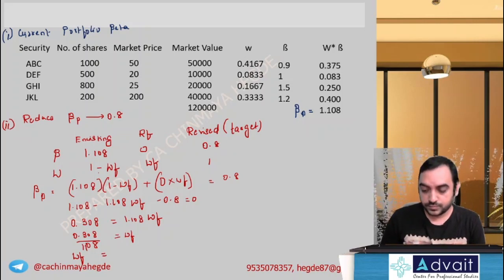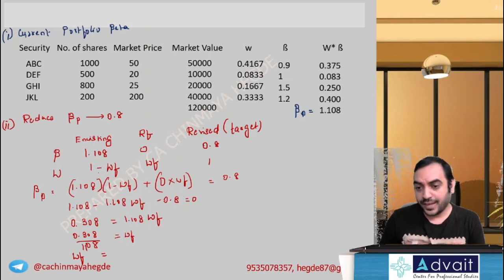0.308 divided by 1.108 is 0.2779 or 0.2780. So that is 27.80%.